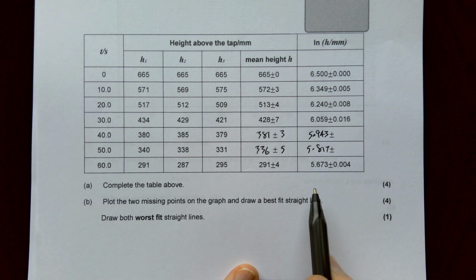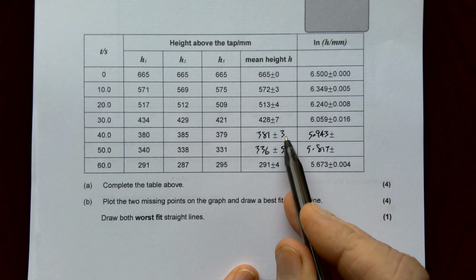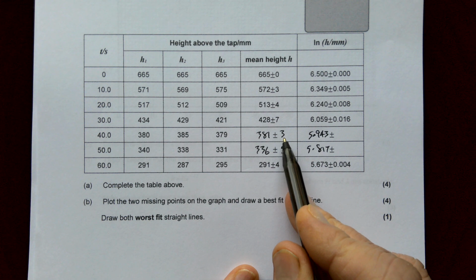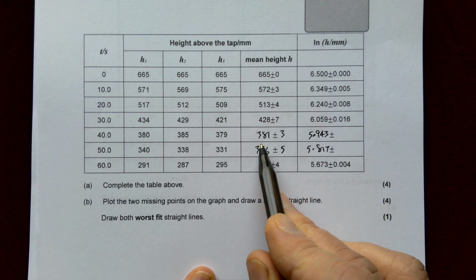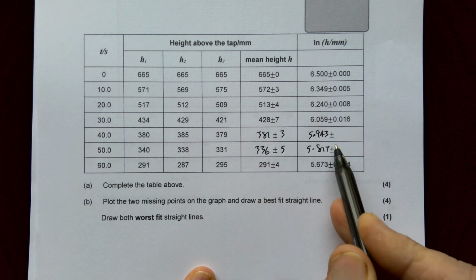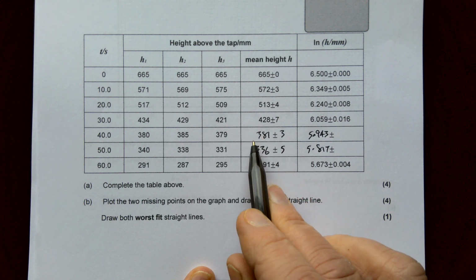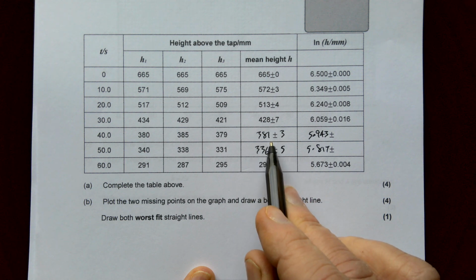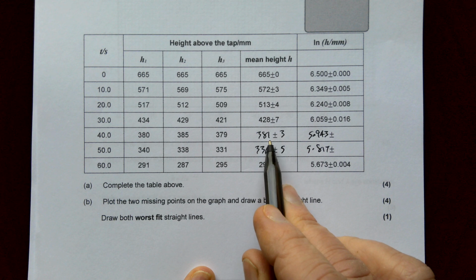Now, when you put in the uncertainty, it's not the log of this uncertainty. You've got to do it the old-fashioned way, which is where you take your biggest value and your smallest value, find the log of those, and then do just as you've done here. You find the range between them and halve it. Okay, so I'm going to use these values here. So it's going to go from 378 up to 384.